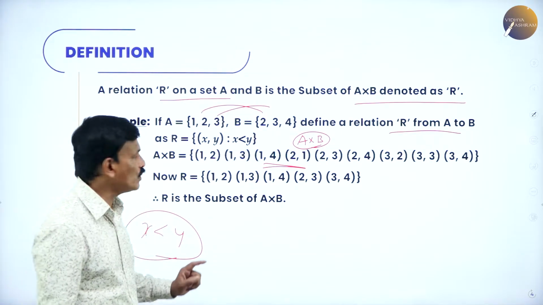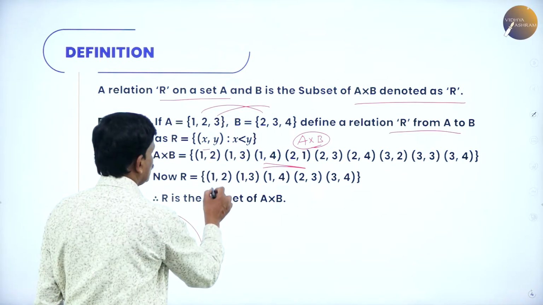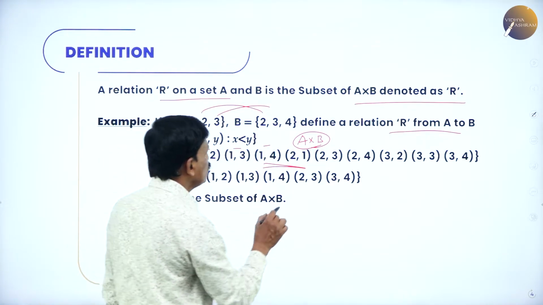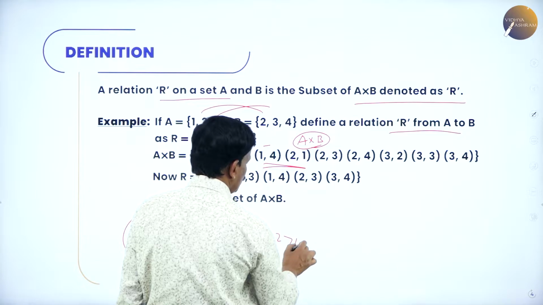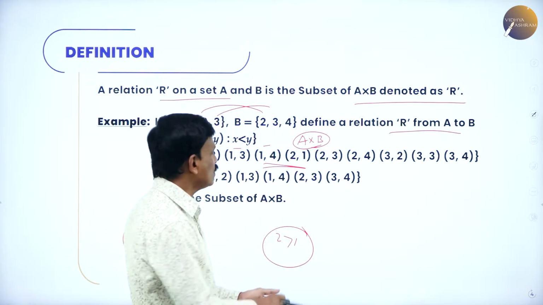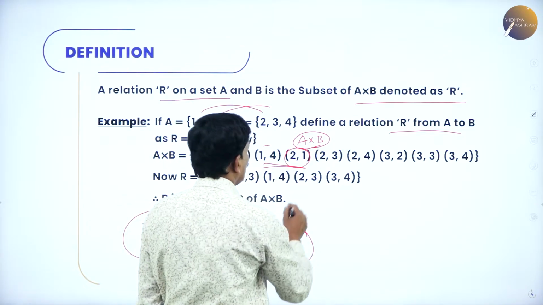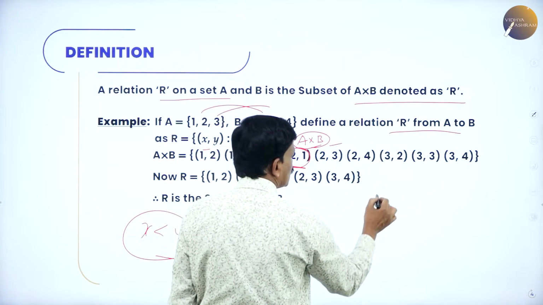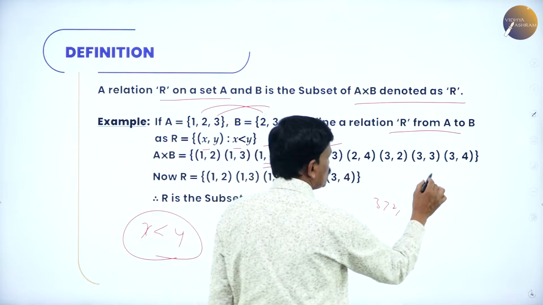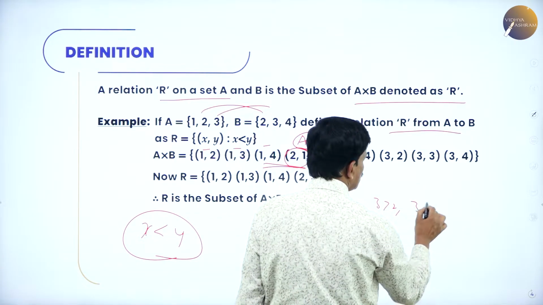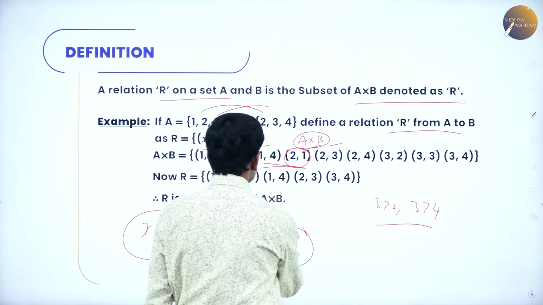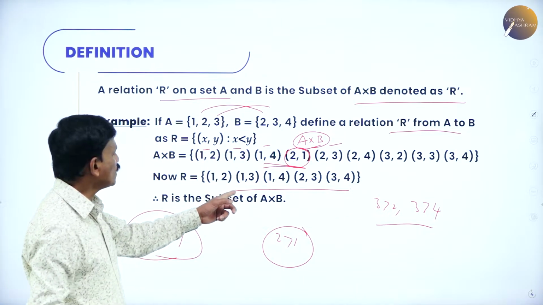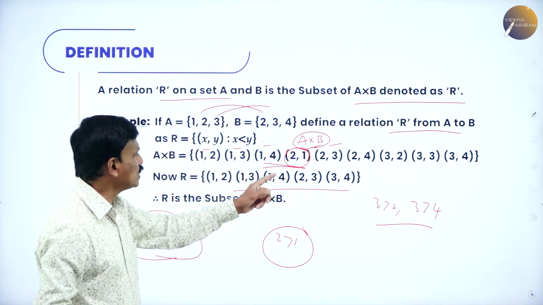Here 1 is less than 2, so we can take it; 1 is less than 3, we can take it; 1 is less than 4. 2 is greater than 1, we cannot take this; 2 is less than 3 we can take, 2 is less than 4. 3 is greater than 2, we cannot take; 3 is equal to 3, we cannot take; and 3 is also less than 4, so we take it. So the relation contains (1,2), (1,3), (1,4), (2,3) and (3,4).